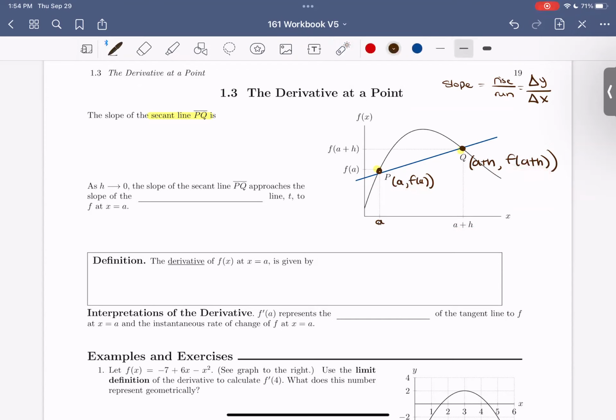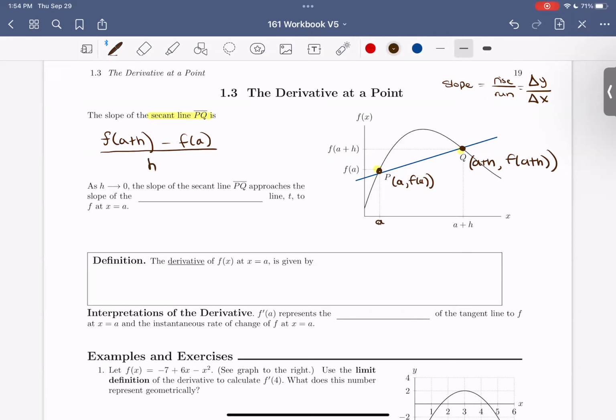So let's write that here. That slope is going to be f of a plus h minus f of a, all over a plus h minus a. Now we can look at the denominator and see that the minus a cancels out with the initial a. So we're just left with h in the denominator.